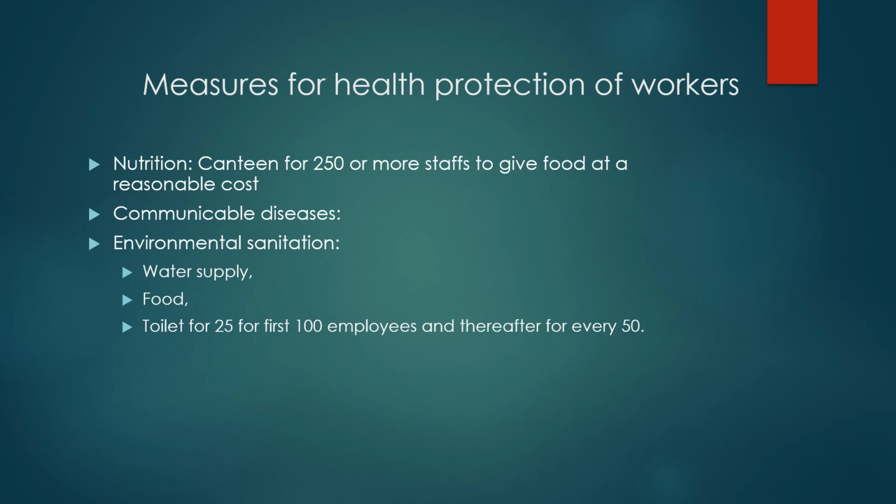First and foremost is nutrition. You should have a canteen for workers if there are 250 or more. All staff should be given food at a reasonable rate, mainly during lunch hours in the afternoon, and they should also be checked for communicable diseases when they join a new job. When people move from rural to urban areas, the chance of getting communicable diseases is very high.